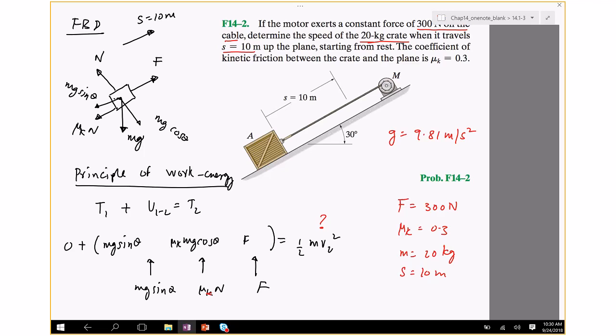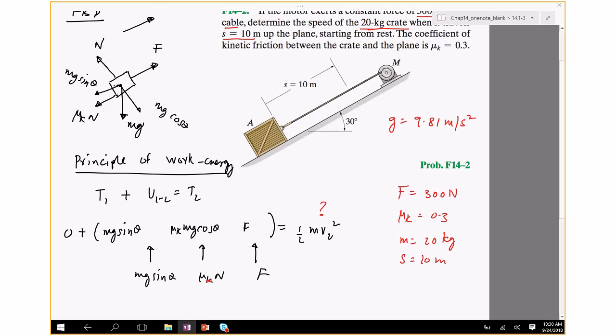Okay, so I just wrote down the forces there. I just need to put the right sign into the displacement. The displacement is 10 meters. So let me write S. Okay, now mg sine theta acts downwards, but S is upwards, so that has to be a negative sign.